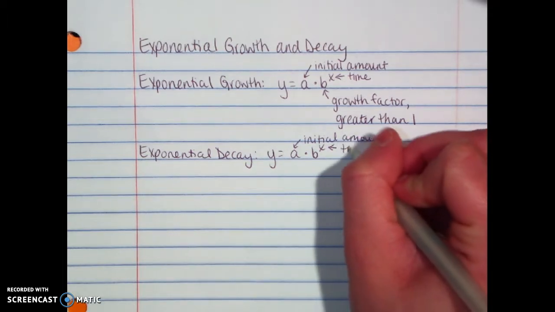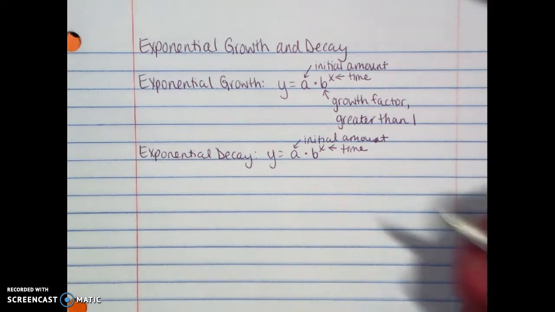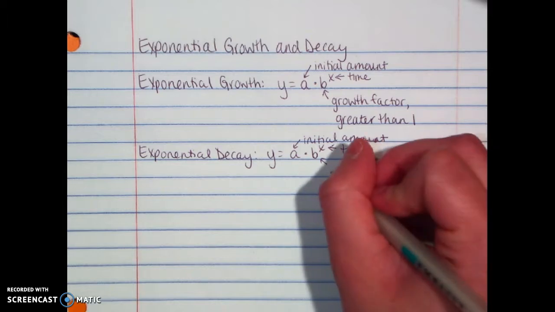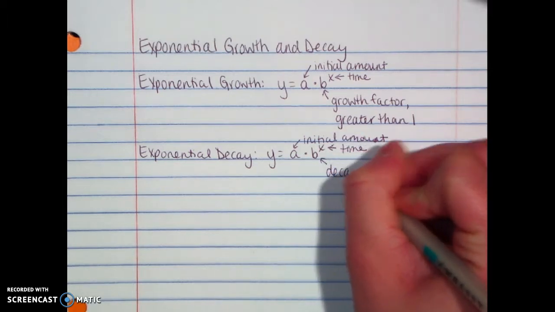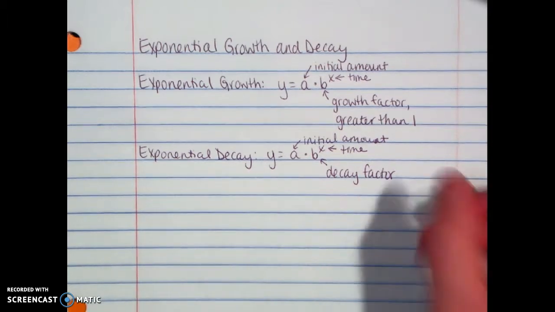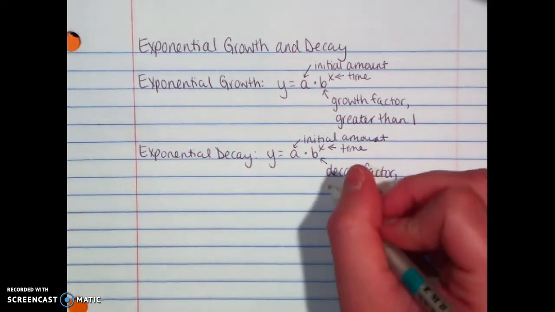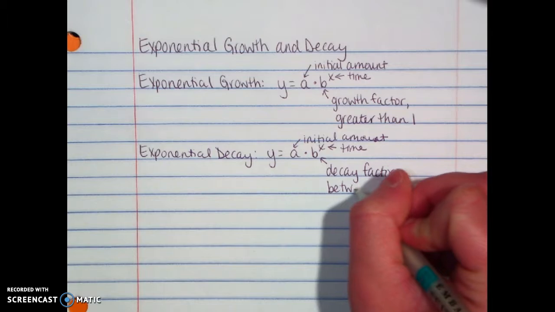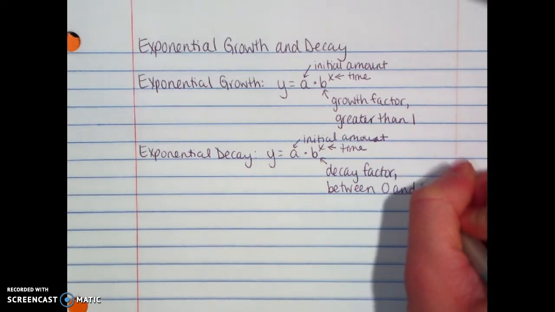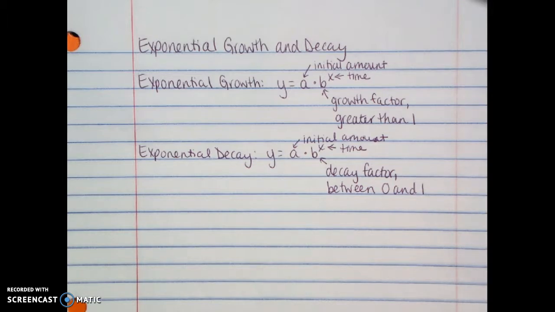X is still the time. And b is the decay factor. And that number will be between 0 and 1. So not including 0 and 1, but between them.